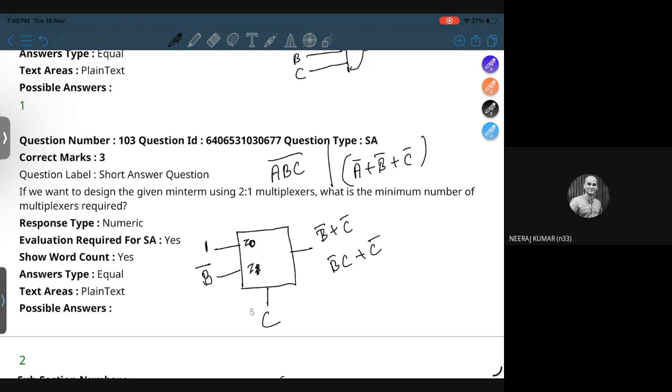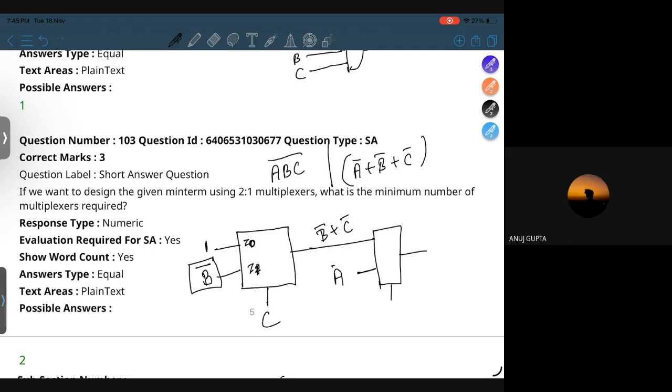If you solve it, it will come to B naught plus C naught. But the issue is, if you write three multiplexers, then also it will be correct, because we don't have B naught readily available, right? Correct. So technically, two is not the correct answer. Three is the correct answer.